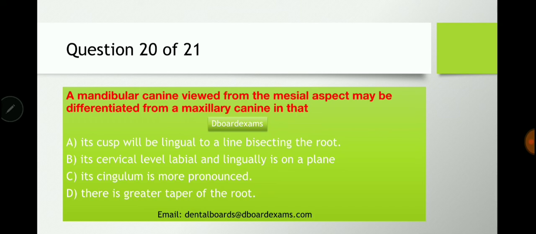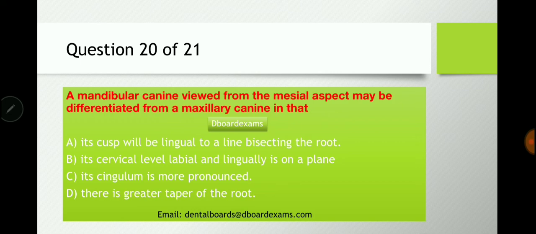That means the cusp tip of the mandibular canine will be lingual to a line bisecting the root, because the mesial surface is straight and the distal surface is curved.